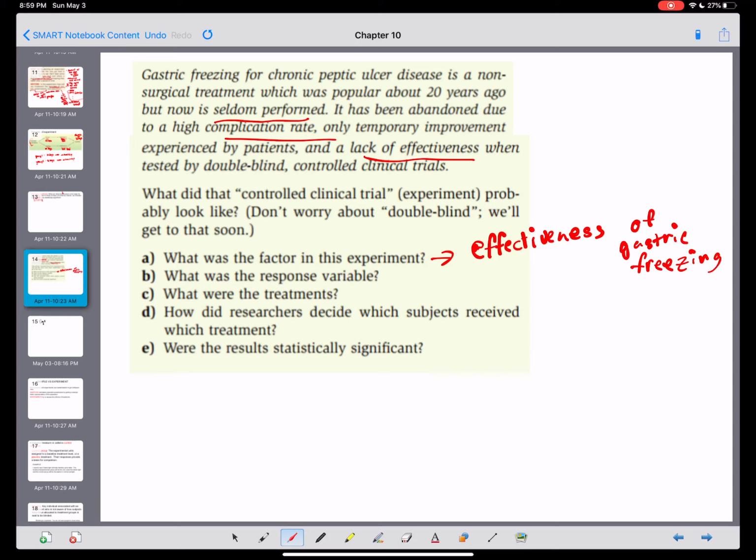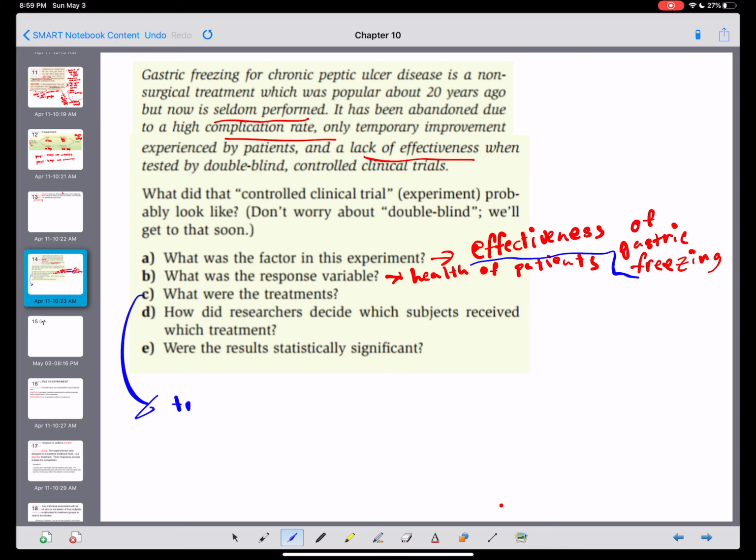Maybe it is the health of patients. That's how I would be able to determine whether it's effective or not, by the health of the patients.